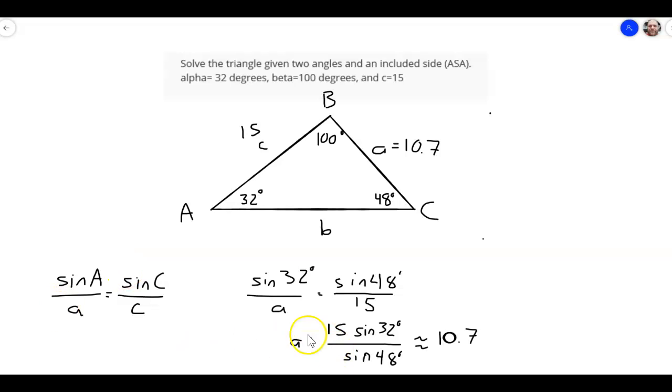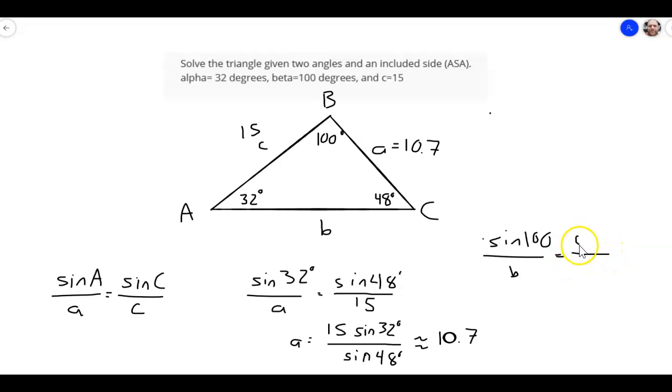And then the last thing I can do is find my little b. So I'm going to set up the same thing, except this time I'm going to do sine of big B over little b. So I'm going to do sine of 100 over little b is equal to, and I'm still going to use sine of big C over little c because little c I have an exact amount. I could use big A over little a, but notice this is an approximation, so this will give me a better answer here.